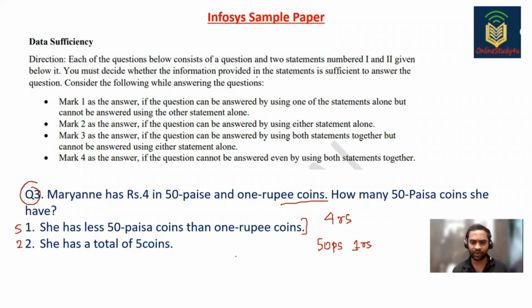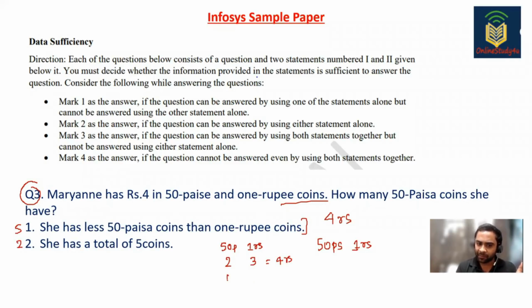Now, from statement 1, how will you be able to answer? C has fewer 50 paise coins, but C has some coins. Suppose I put 50 paise coins here, and 1 rupee coins here. If you have 2 50 paise coins and then 3 1 rupee coins, then the total amount will be 4 rupees. Okay, fine.